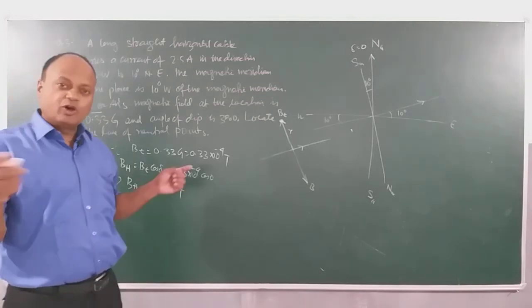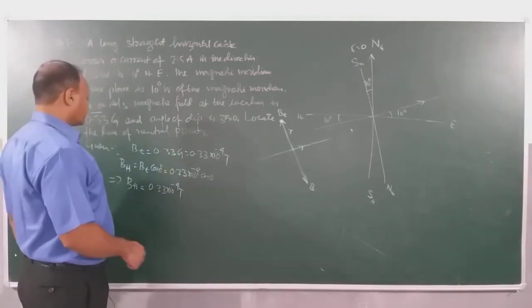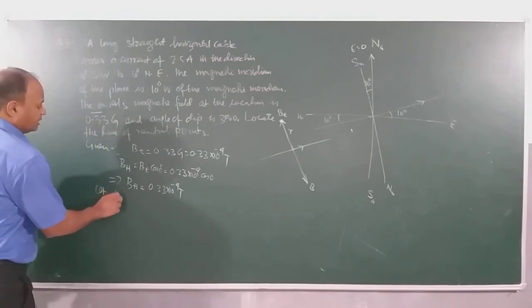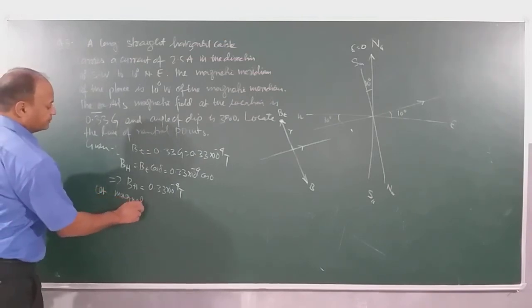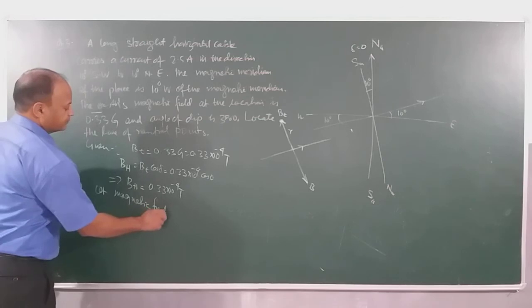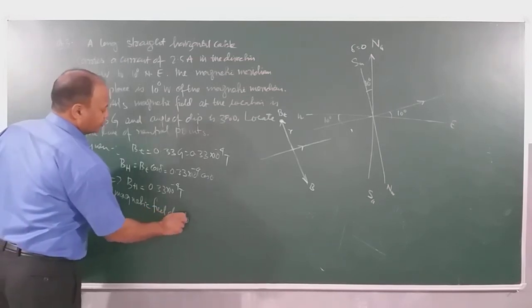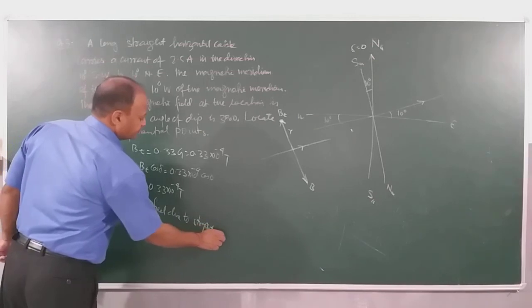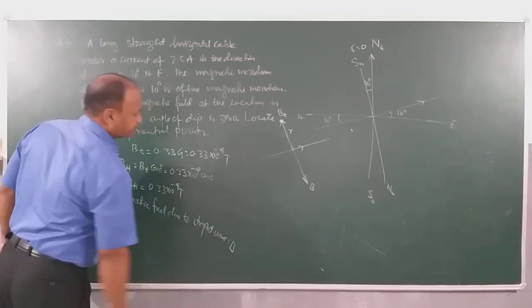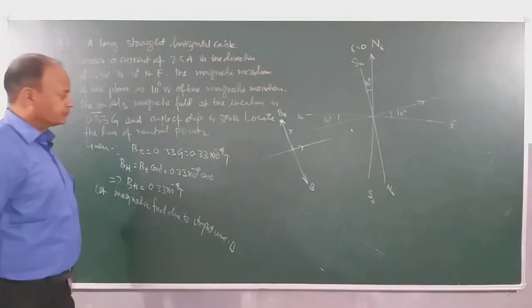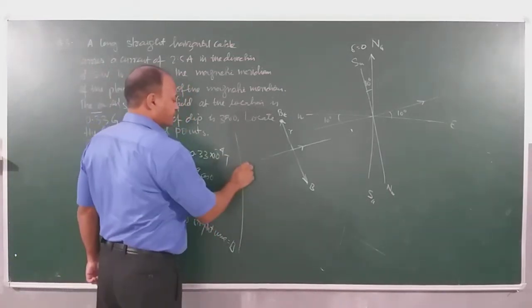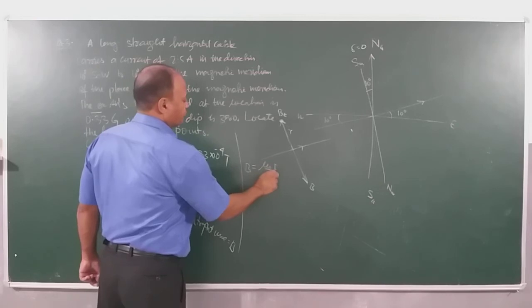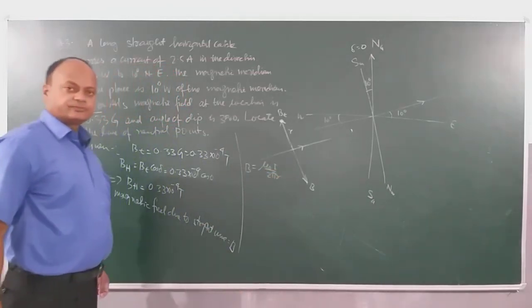This wire is a very long straight wire. So let the magnetic field due to the straight wire be B. It will be mu naught I by 2 pi r, right?